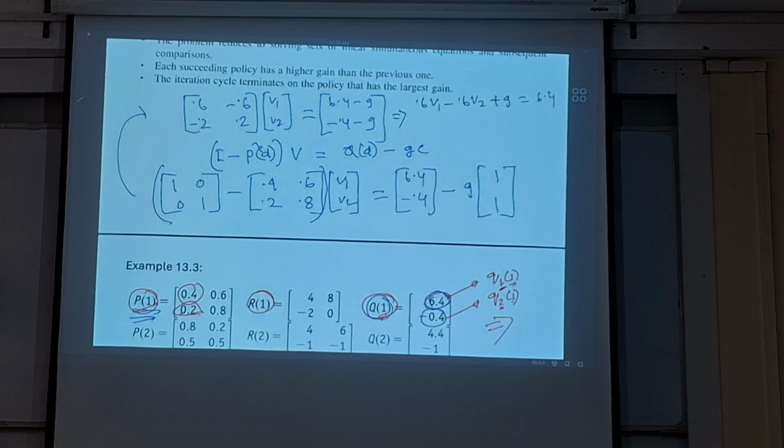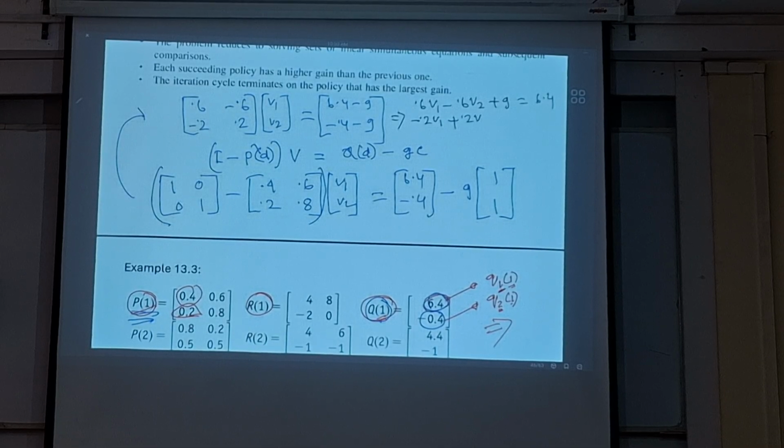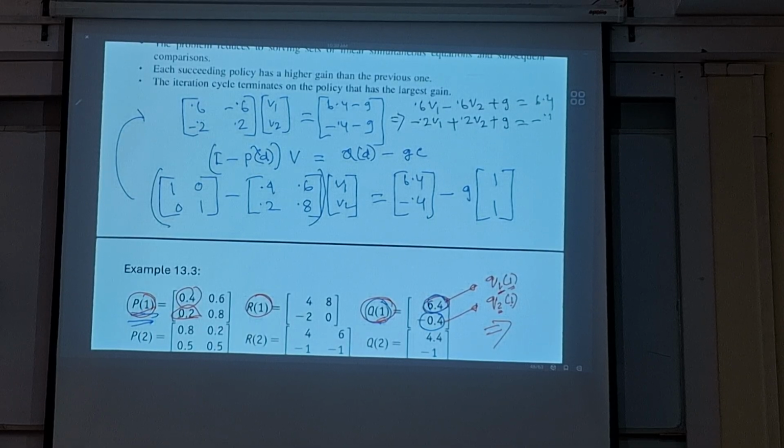The second equation will be minus 0.2 V1 plus 0.2 V2 plus G equal to minus 0.4.